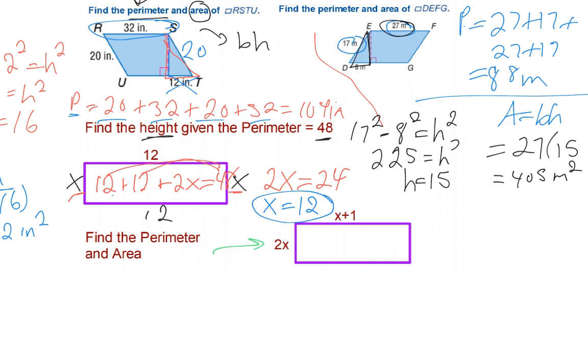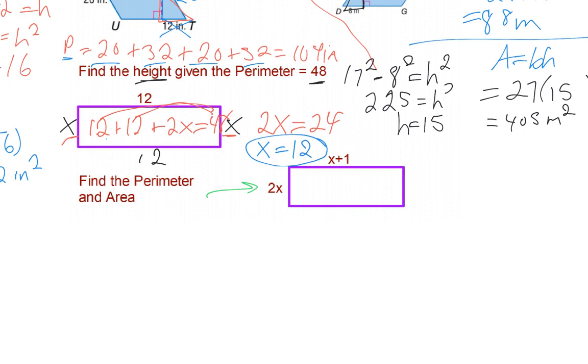Sometimes we're just given expressions for our sides, and we need to find the perimeter and the area. So again, opposite sides have the same value. Just because it's an expression doesn't change that. So for my perimeter, I still need to add up all the sides.